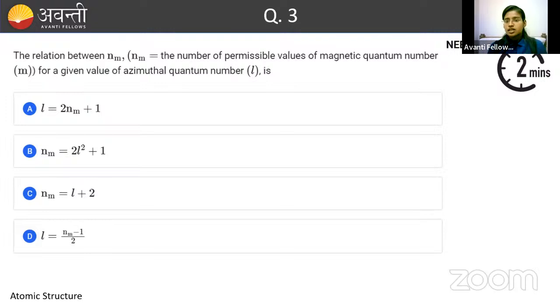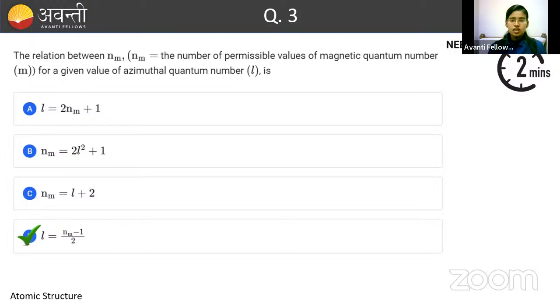Has anyone got the answer, students? Okay, fine. Option D. JNB Panchavadi has given option D as the correct answer. Very good. That's great and that is the correct answer for this question.